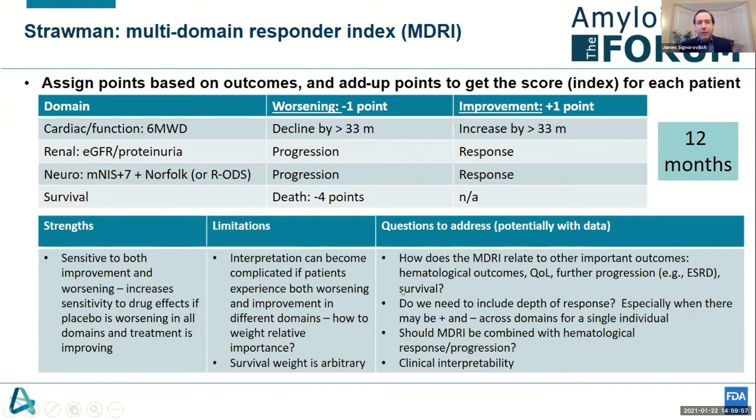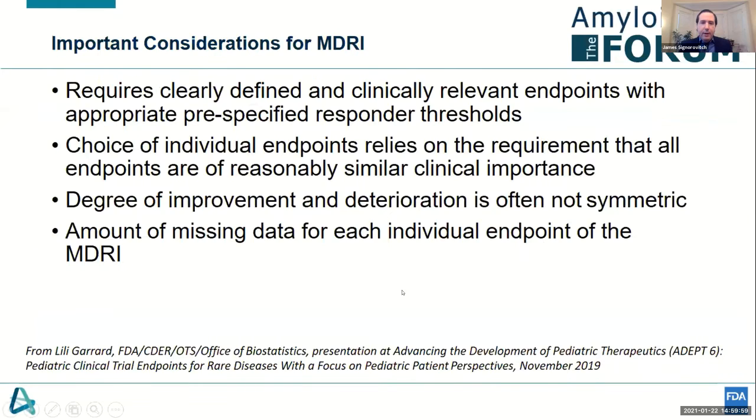But of course, the challenge of a multi-domain responder, and this is a slide from an FDA presentation, but I think it summarizes it quite nicely, is we have to be really thoughtful about the measures that go into it, and especially the symmetry of meaningfulness between worsening and improvement, not only within domains, but also across domains.